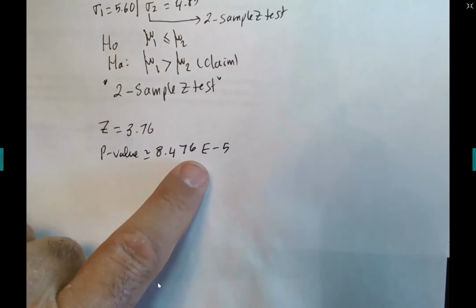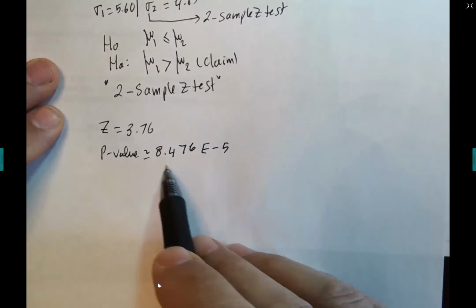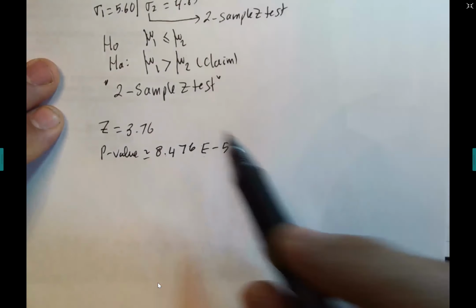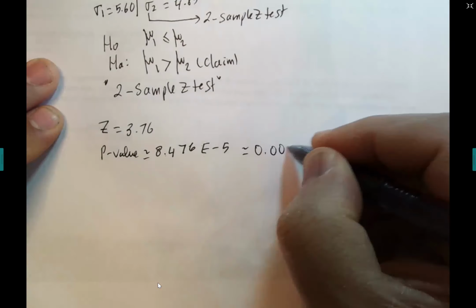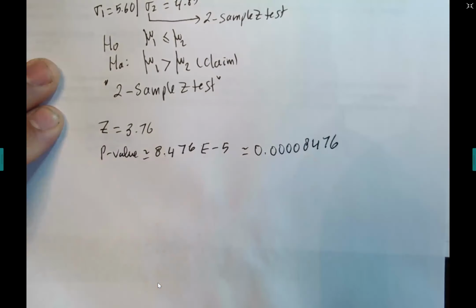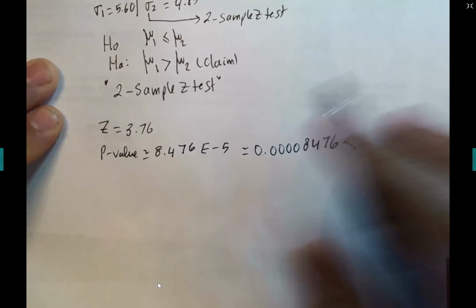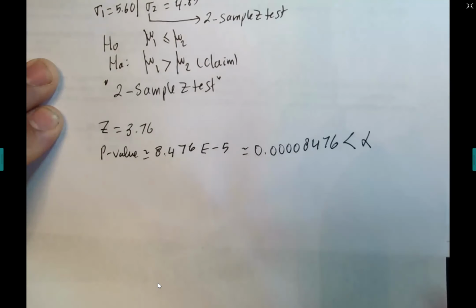Guys, E-5 means it's almost 0, so don't forget about this and don't ignore it. It means you have to move this decimal 5 digits to the left. So actually your p-value, guys, is this, which is very small. Once you see E-5, guys, or E-4 and E-6, make sure it is less than alpha for sure, no matter what alpha is.